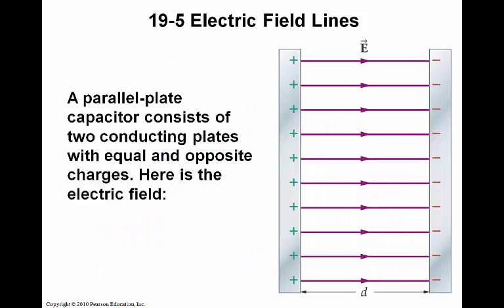In a parallel plate capacitor, the field is uniform. I can tell that because the field lines are equally spaced. So the field doesn't really change with distance.